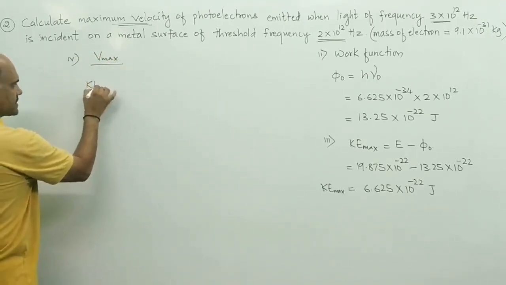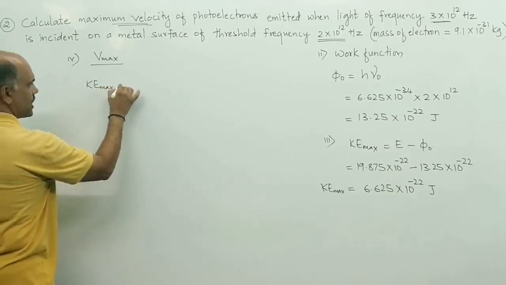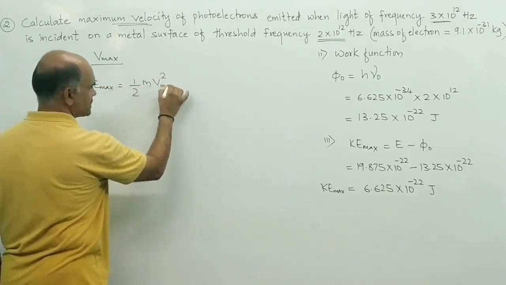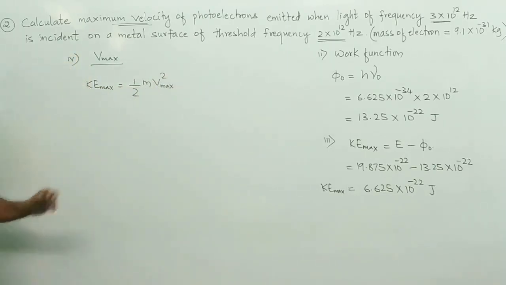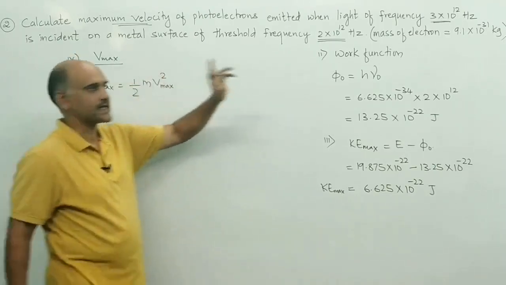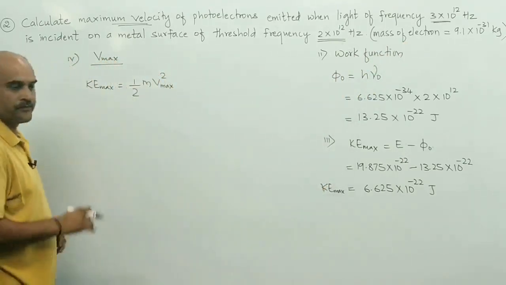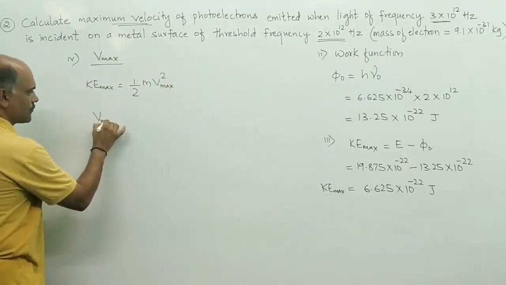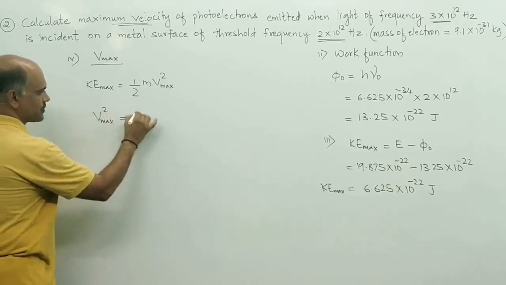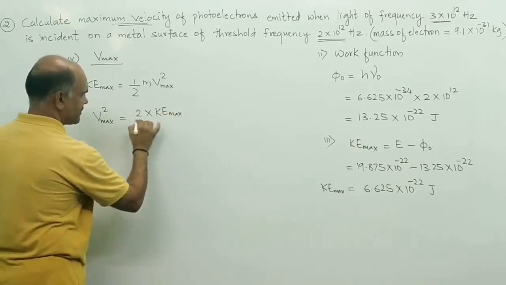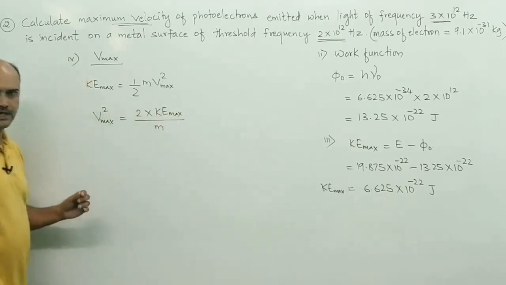So K max is equal to half m v square, where v is maximum velocity of electrons, m is mass of electron, he has given. K max we have found out. So you will have V max square is equal to 2 into K max divided by m. Correct, students?